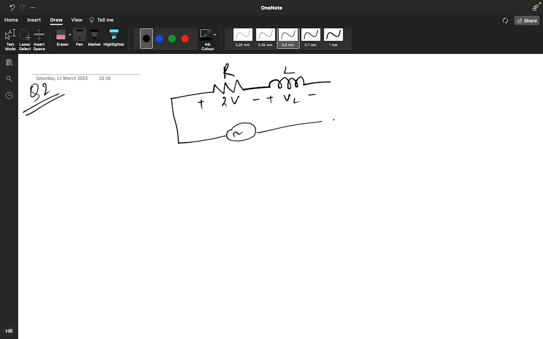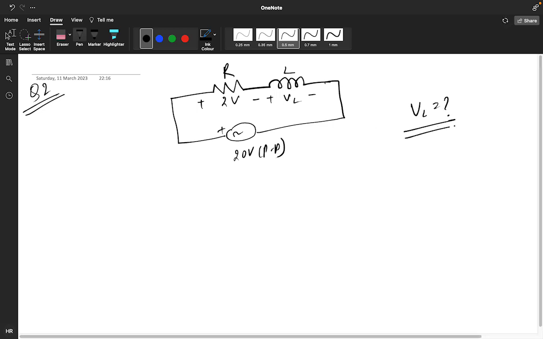This is given as positive 20 volt peak to peak. You need to calculate the value of VL. How will you calculate? Peak to peak means positive 20 to negative 20.